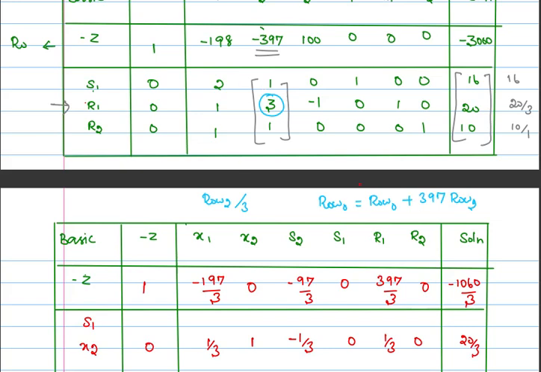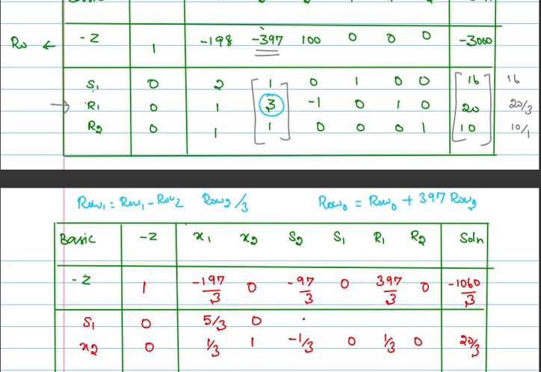Similarly, the first row also I want to make 0. So what will we take? R1, that is row 1. Row 1 equal to row 1 minus row 2. So this guy is 0, 0 minus 0 is 0. 2 minus 1 by 3, we will get 5 over 3.